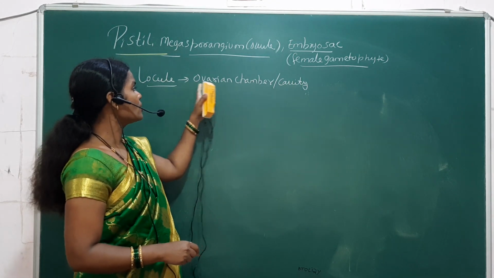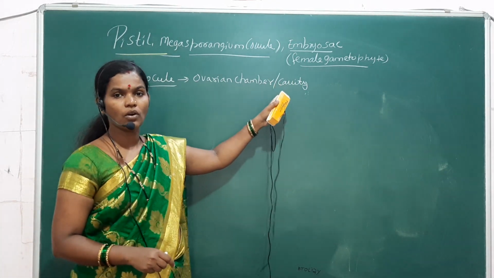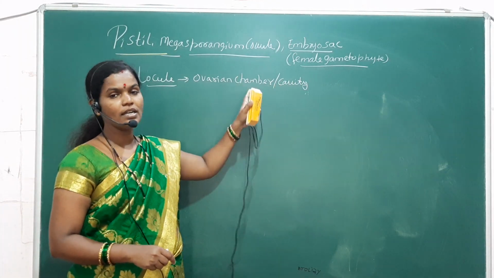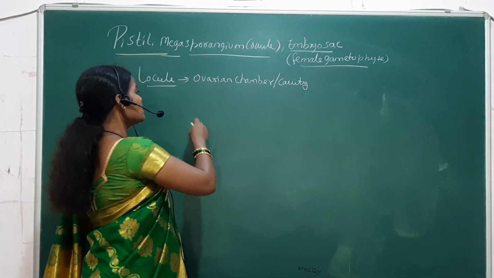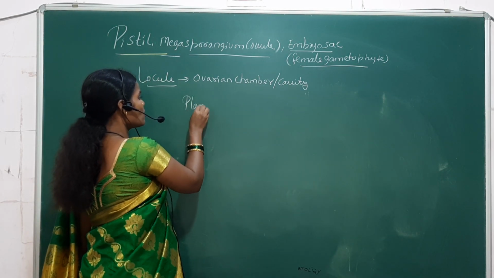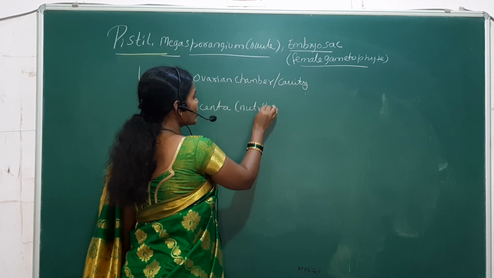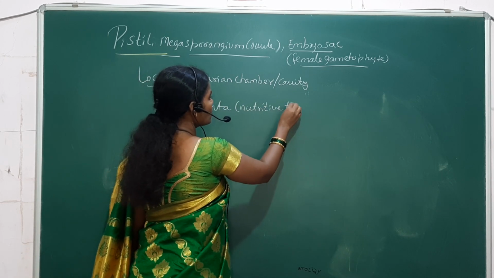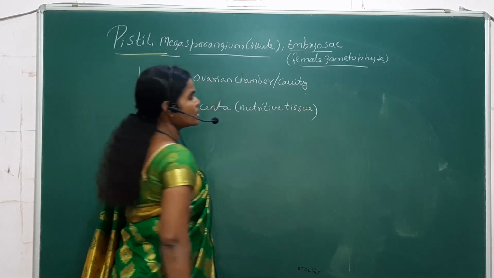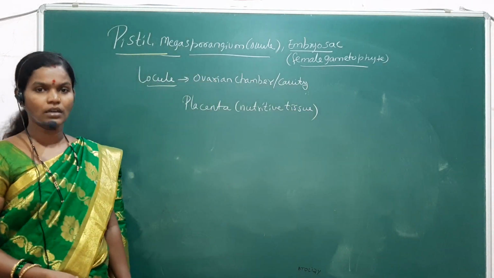So the locule is the ovarian chamber or cavity, and inside this locule we see the presence of the nutritive tissue called the placenta, and this placenta is nourishing the ovule.